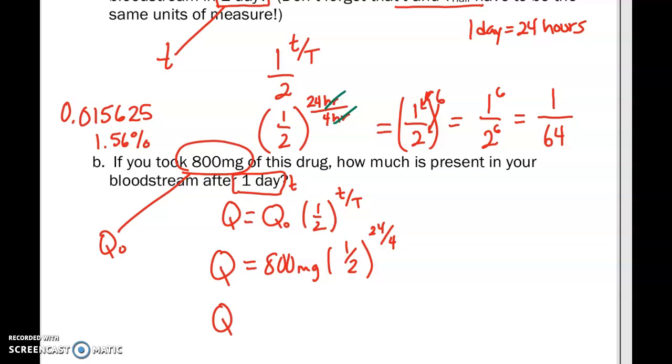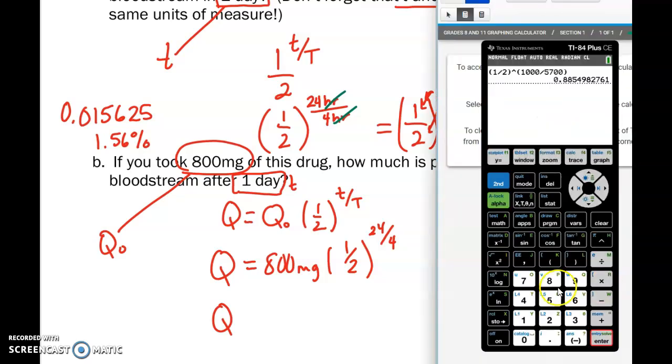Now, I would suggest that you put this all in one step in the calculator. So put in the 800, because you don't want to make the mistake of saying, oh, 800 times a half, well, that's 400, and then I'll raise it to the 6th power. That's not going to be correct, because you have to remember the order of operations. The order of operations says that I have to do the parentheses, exponents, multiply, divide, add, subtract.